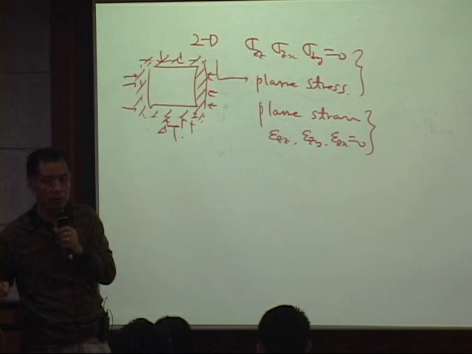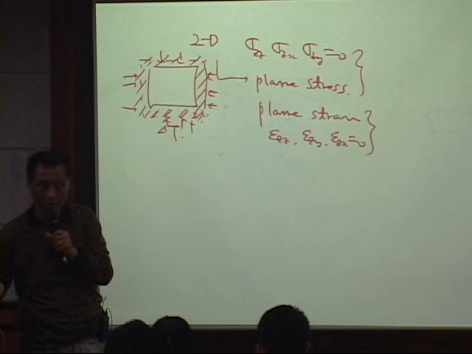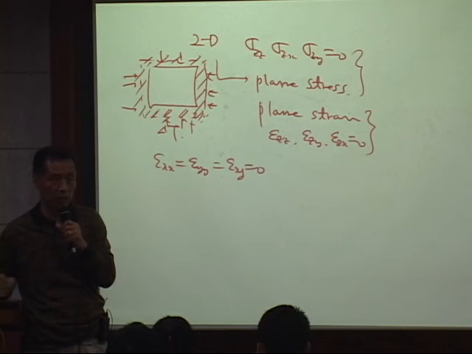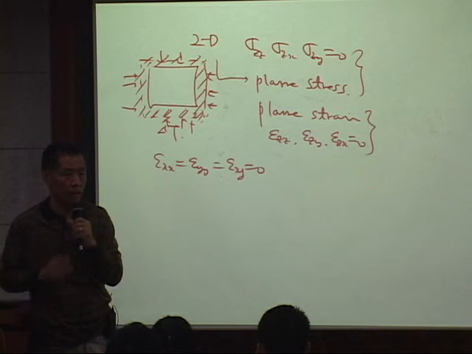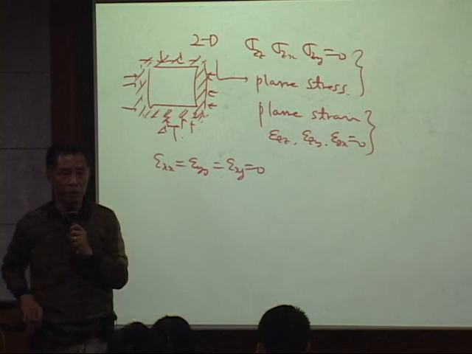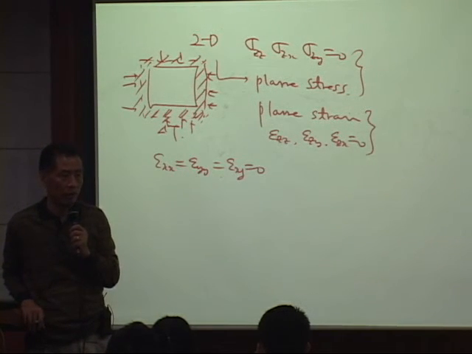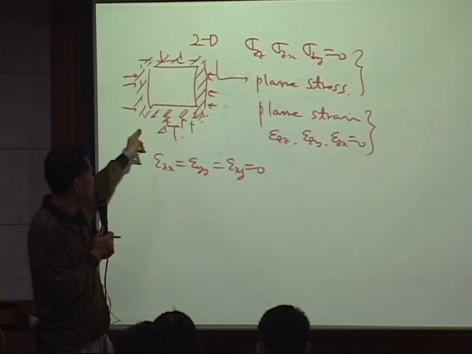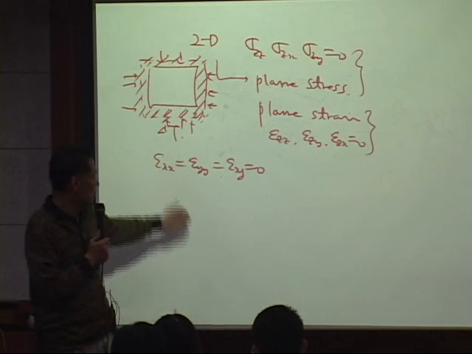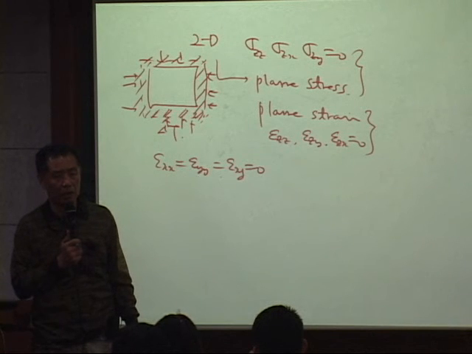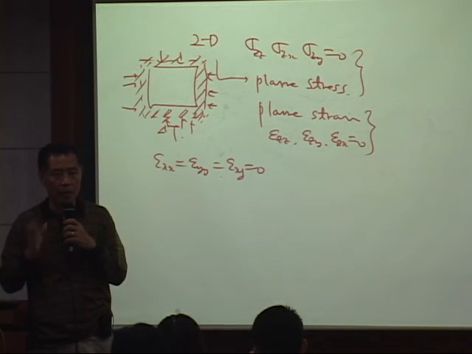Anyhow, how do you solve this one? Meaning how to calculate the stresses inside the body. The key word here is that since we have a constraint, that means epsilon xx, epsilon yy, and epsilon xy are 0, right? That is the first step you have to write down. Because of the side wall and constraint, these are the conditions in equation form. Now, what is the next one?